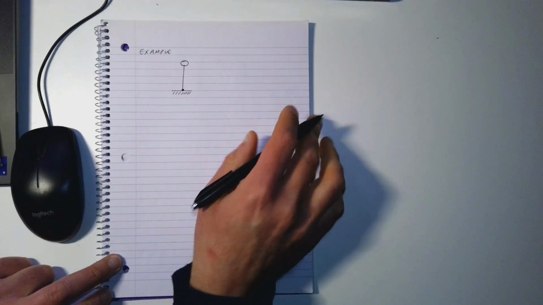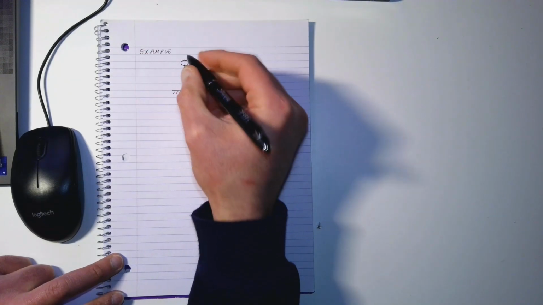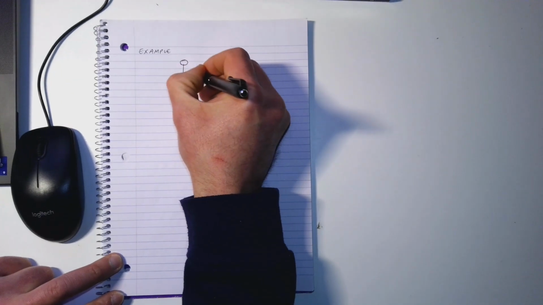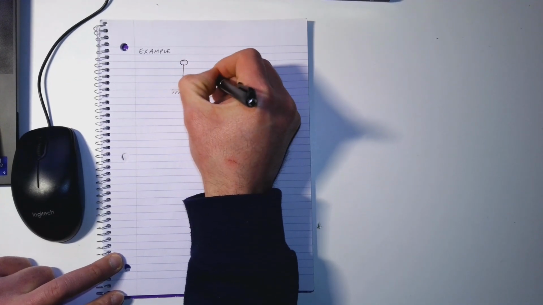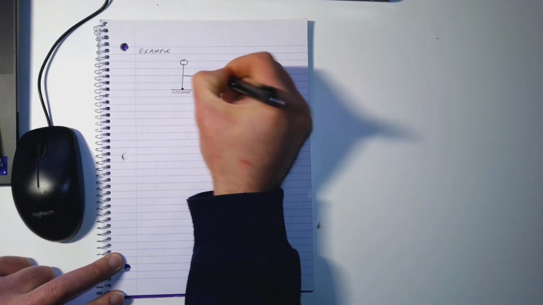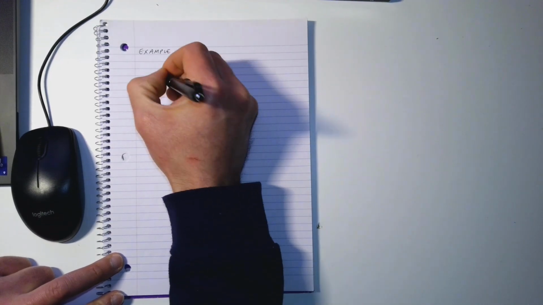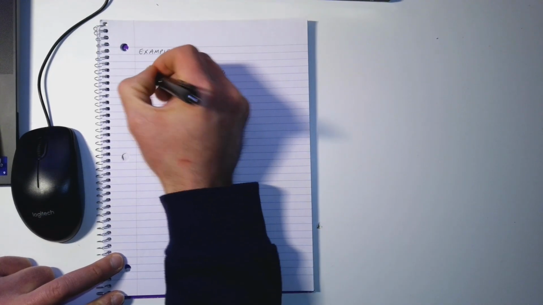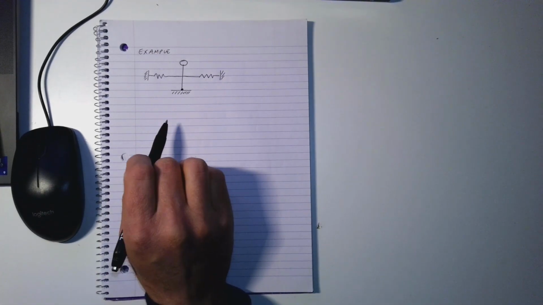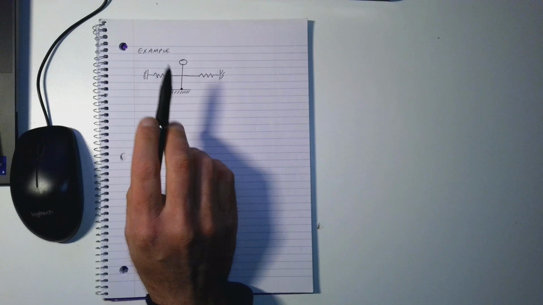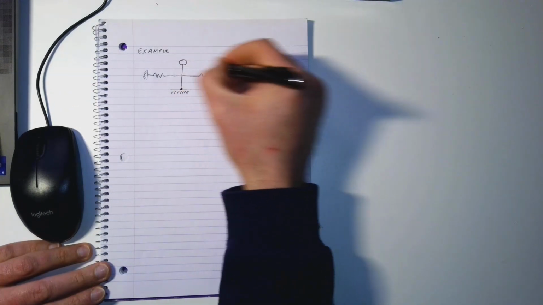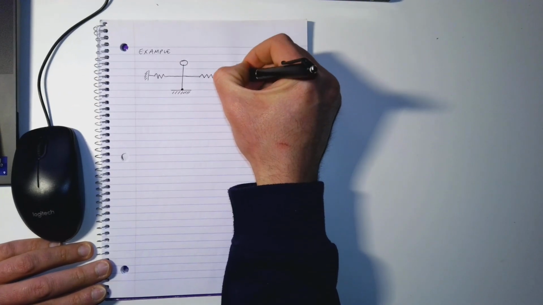rod. This is also connected to two springs, and the two springs are connected to each other, and to the rod in the middle of the rod. So this would be the entire length.